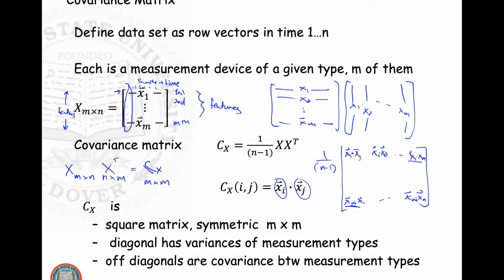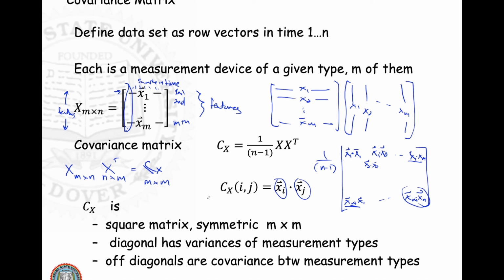And moreover, the diagonal, if we look at it, it's x1 dotted with x1, x2 dotted with x2, and so forth up to xm dotted with xm. These are the variances of the measurement types centered about the origin. The off-diagonal components are going to be the covariances between the measurement types. We have xi dotted with xj, well, that's a covariance.